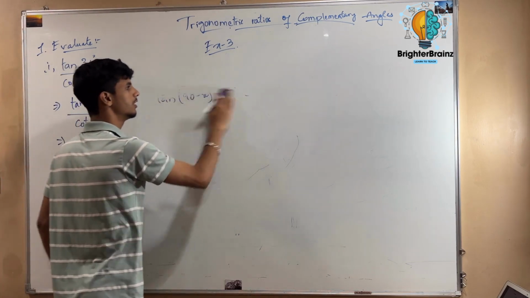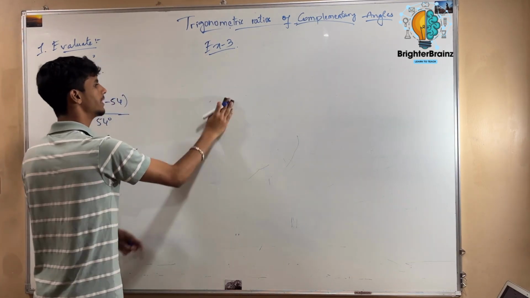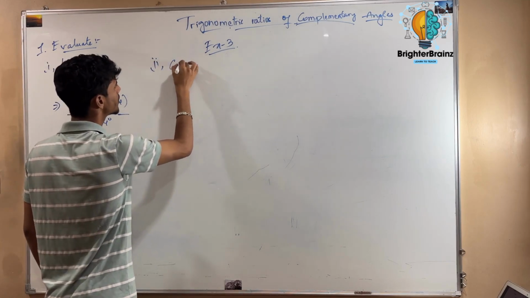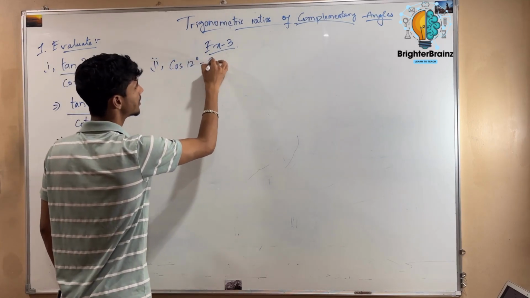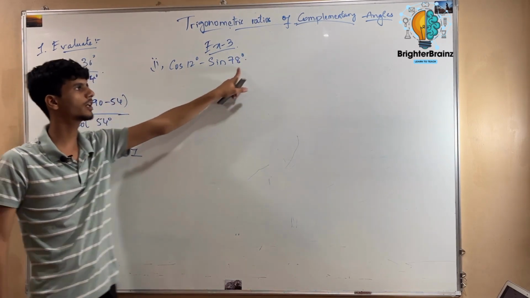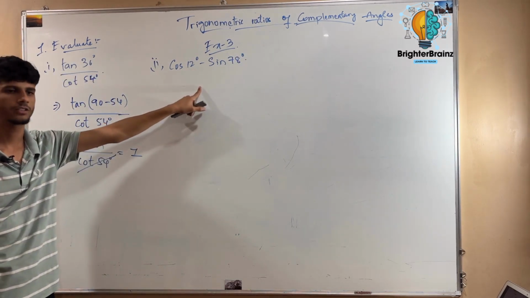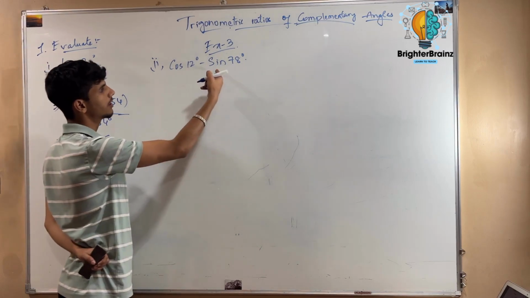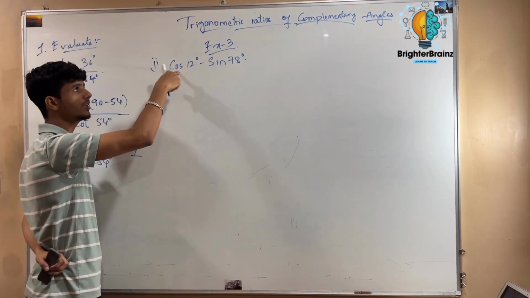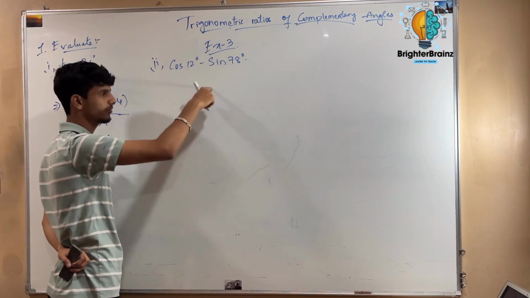Now next, second Roman is cos 12 degrees minus sin 78 degrees. Can you observe these two angles are also complementary angles? So let us interchange the trigonometric ratio of sin, or else cos, we can change anything.